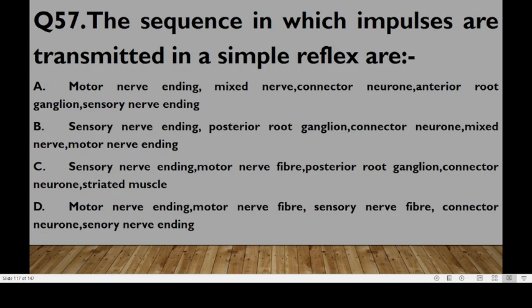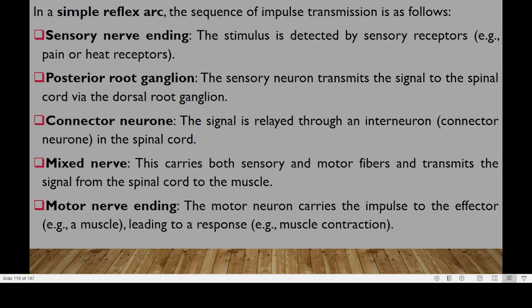The sequence in which impulses are transmitted in a simple reflex arc, remember it's an arc: we have the sensory nerve ending, posterior root ganglion, connector neuron, and the mixed neuron, then the motor nerve ending.